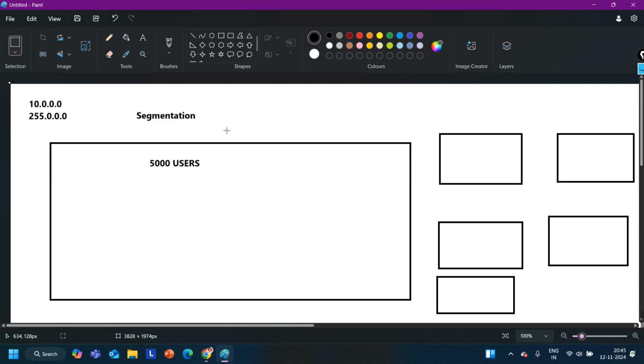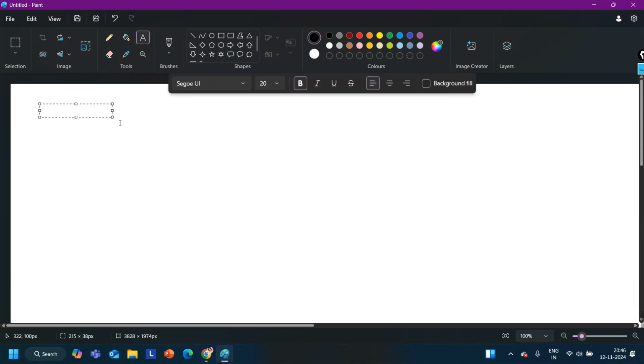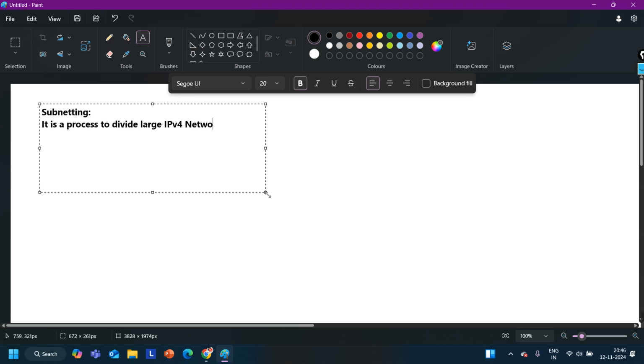Now see, subnetting: to divide a large IPv4 network into multiple smaller networks.